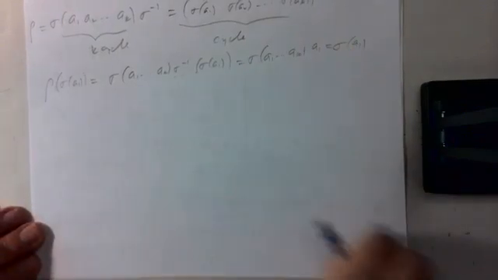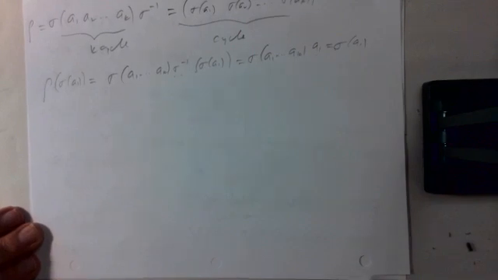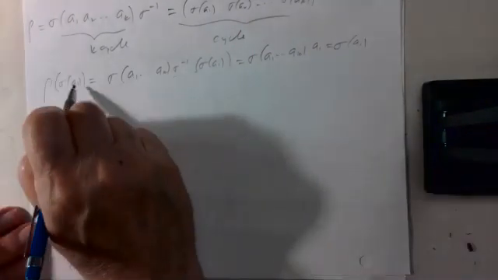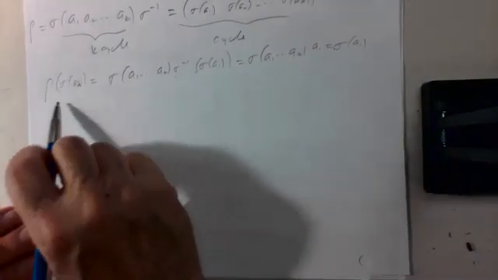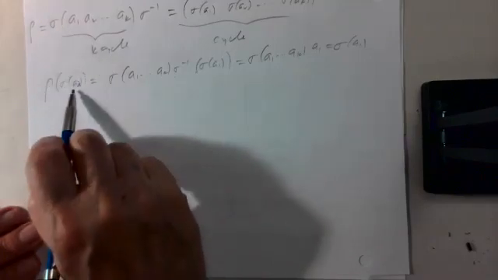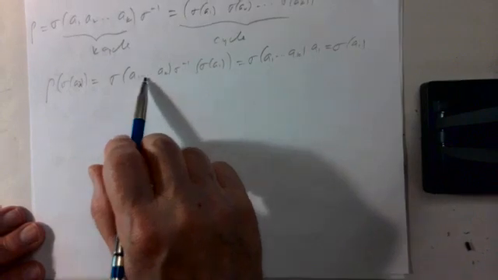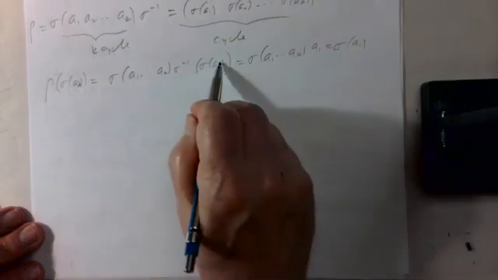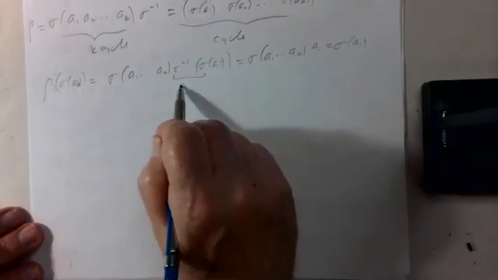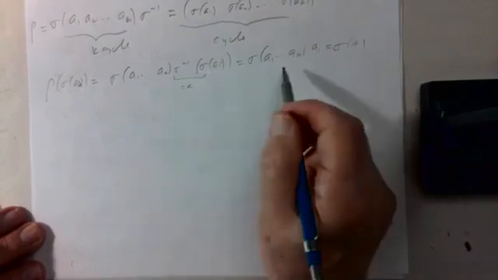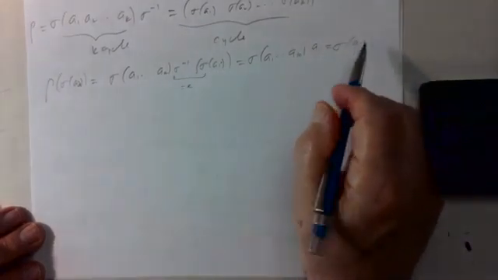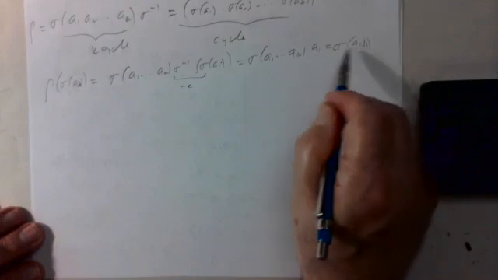So suppose we take any Ai and we look at this permutation applied to sigma of Ai. So this is sigma, the cycle, sigma inverse, sigma of Ai. This is the identity. So this is just equal to Ai, and Ai gets sent to Ai plus 1.